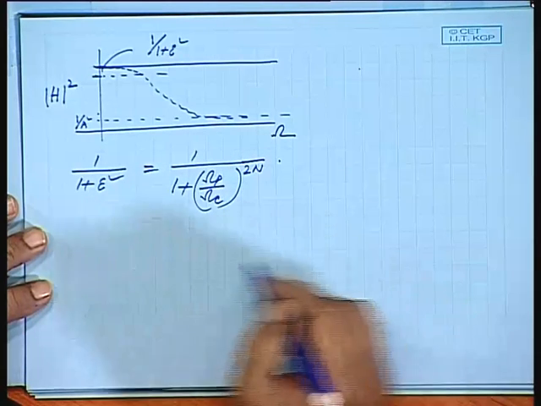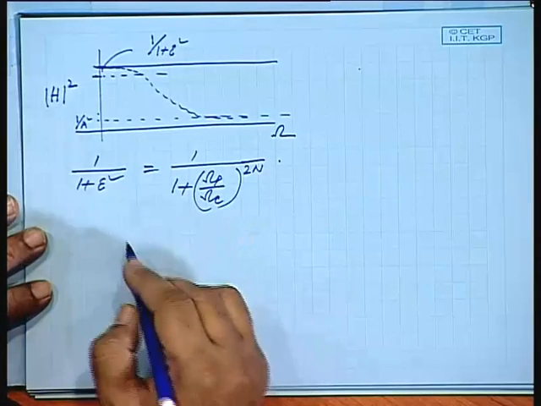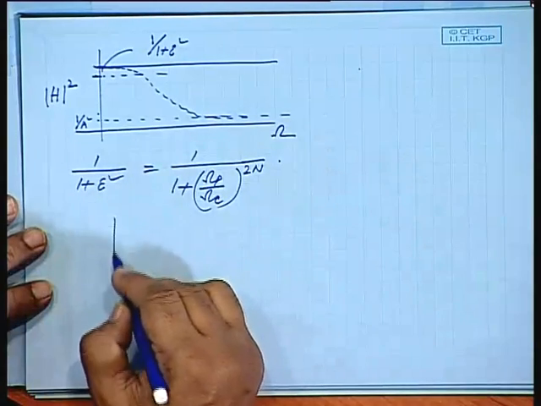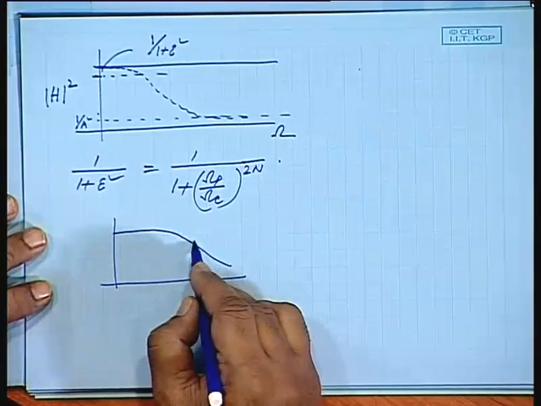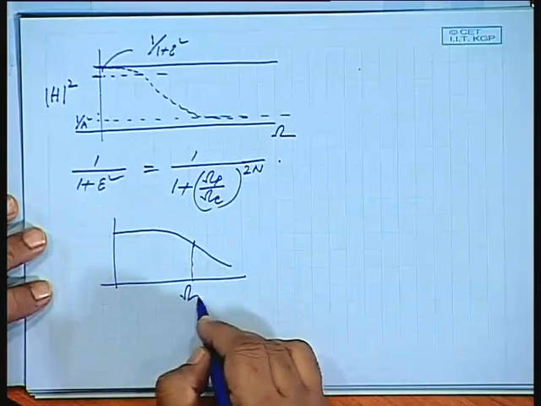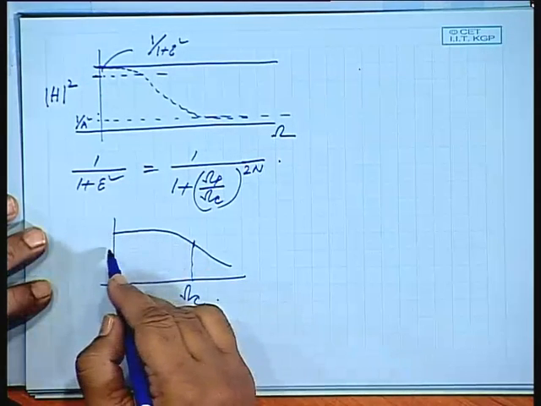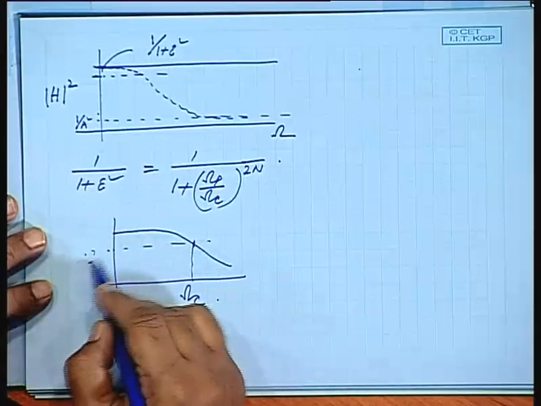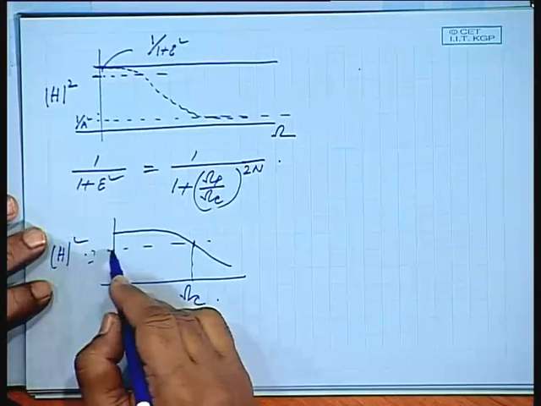All right. A Butterworth filter will be specified in terms of the cutoff frequency omega c. At omega c the gain is 0.707, or the magnitude squared of H becomes half.